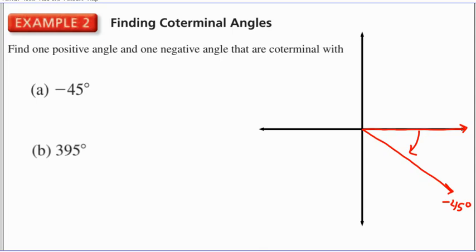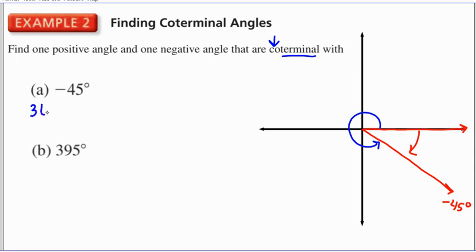A coterminal positive angle, well, I could go from the initial side. Positive means go up and stop. Coterminal, co meaning sharing the same ending side, coterminal, right? So coterminal, I didn't go around an entire 360.